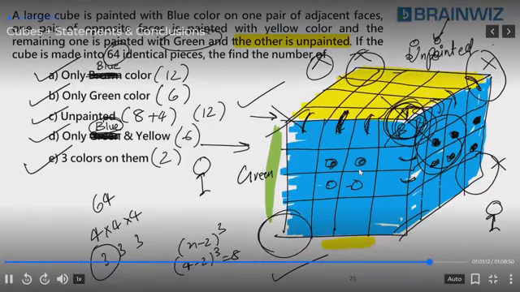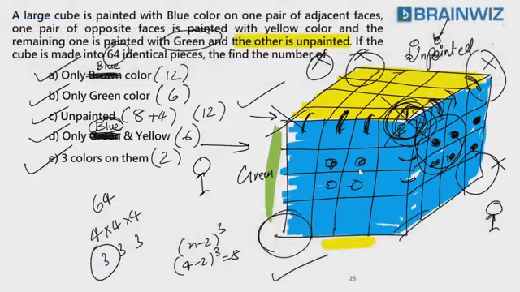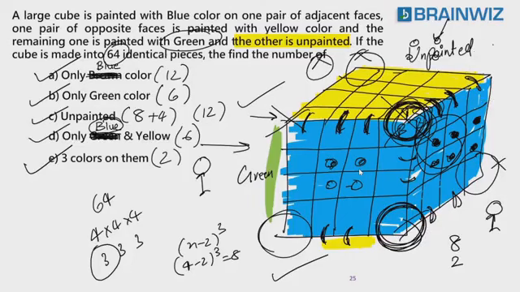Blue yellow, blue yellow, blue yellow, blue yellow. 4. 4 plus 4, 8. This blue yellow, this blue yellow. 2. Okay, everybody. And you see here, blue yellow is there, but no color now. So this one also accepted. 1 more. This also blue yellow. There is no color here. So 2 more. Answer is 12.